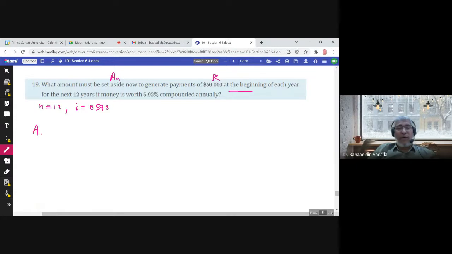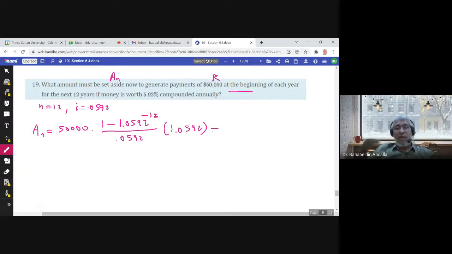So A_n would be, 50,000 that's R, times 1 minus 1 plus i to the power negative n, which is negative 12, over i times 1 plus i.